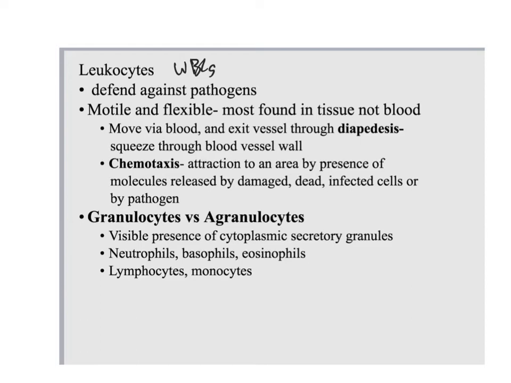But they can exit the vessel wall by a process called diapedesis. That diapedesis is where they squeeze through. So it ends up looking something like this. This is your vessel wall that's coated by endothelium. The red cells are the endothelium.